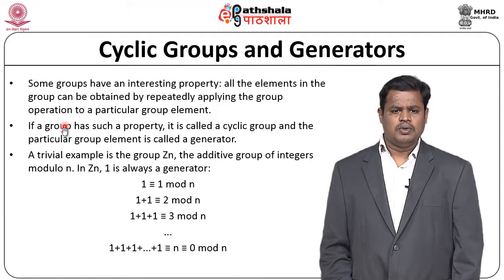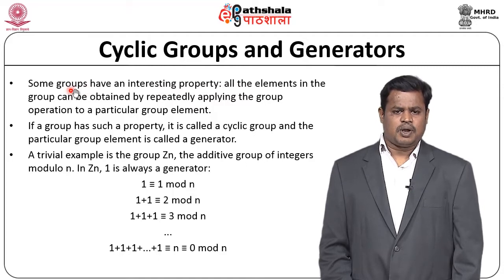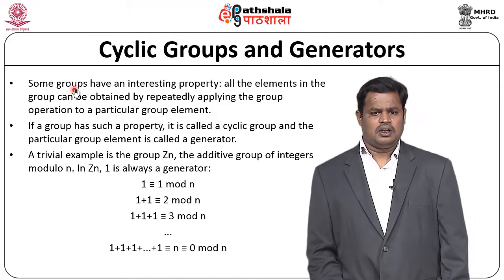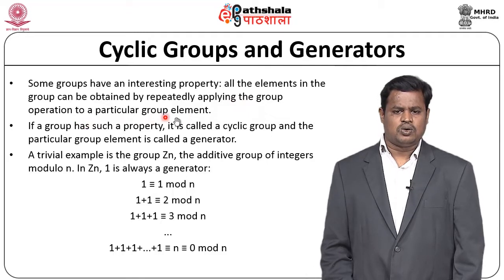Now, what is the additional property that only some groups have? All the elements in the group can be obtained by repeatedly applying the group operation to a particular group element.